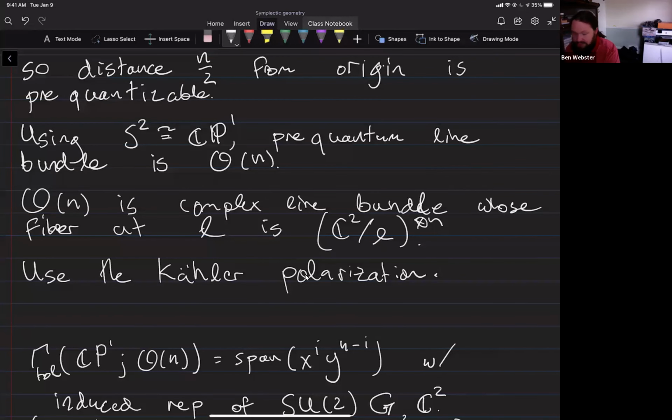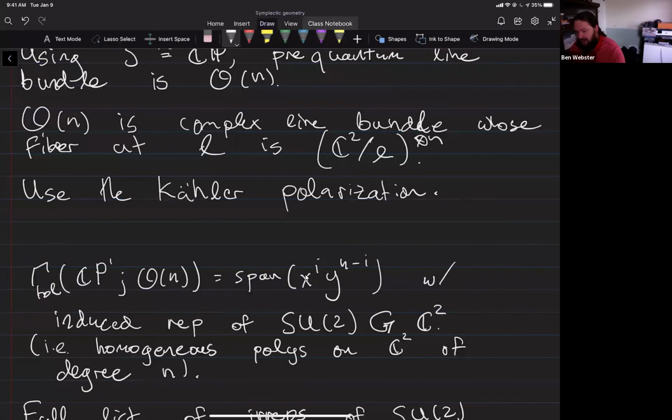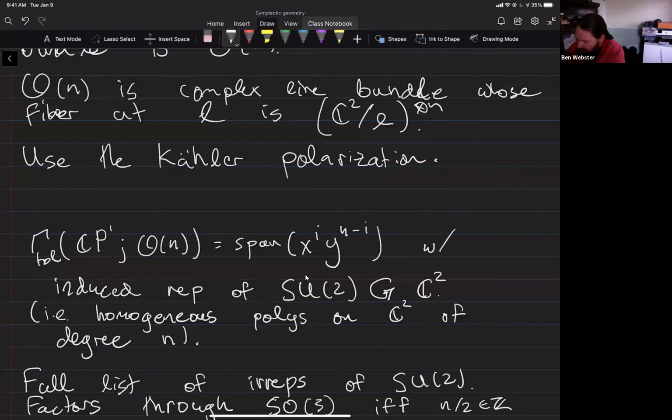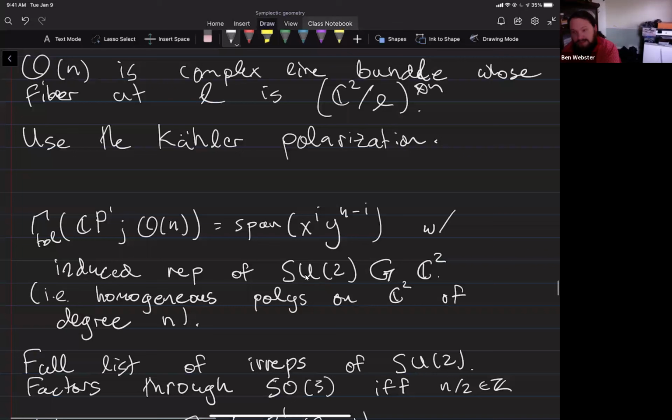Now use the Kähler polarization. So my Hilbert space is the holomorphic sections of this bundle, which, as I just said, is the degree n homogeneous polynomials in two variables. And indeed, that is a full list of the finite dimensional irreps of SU2.